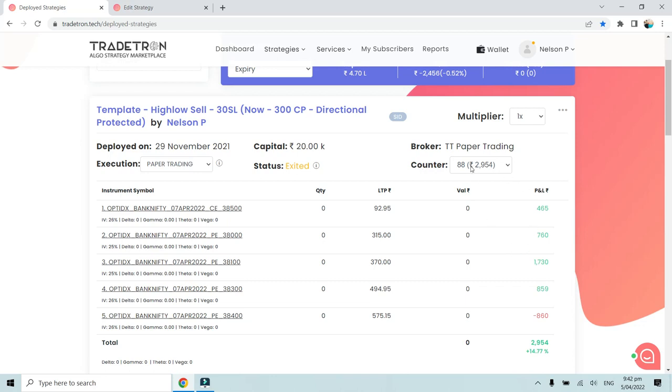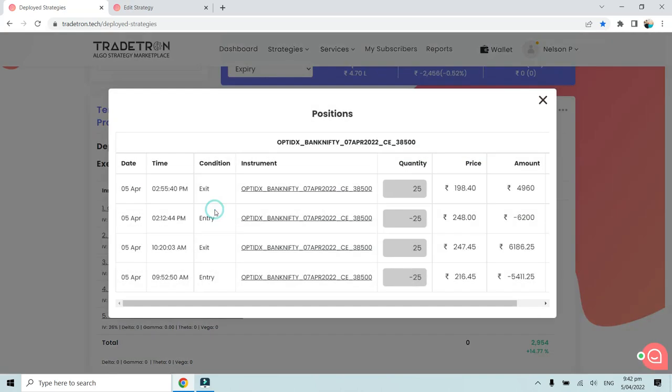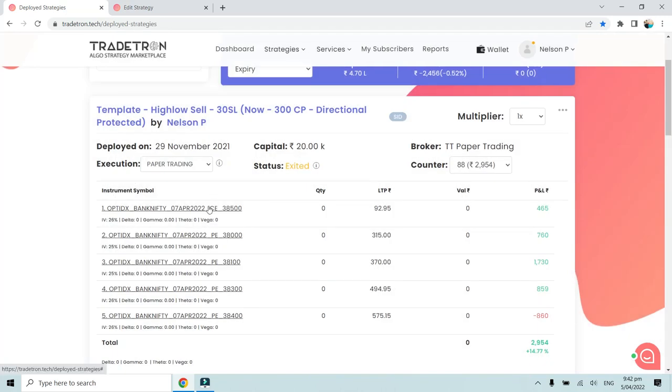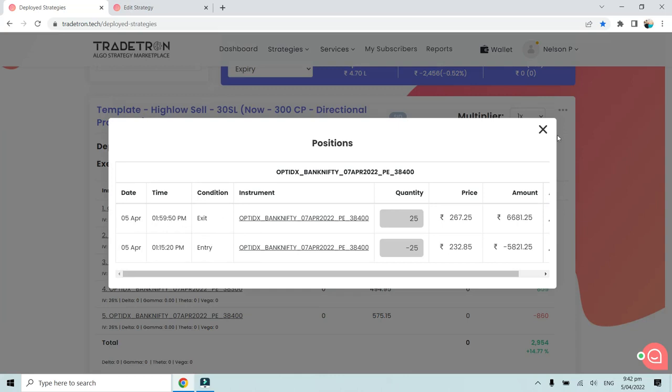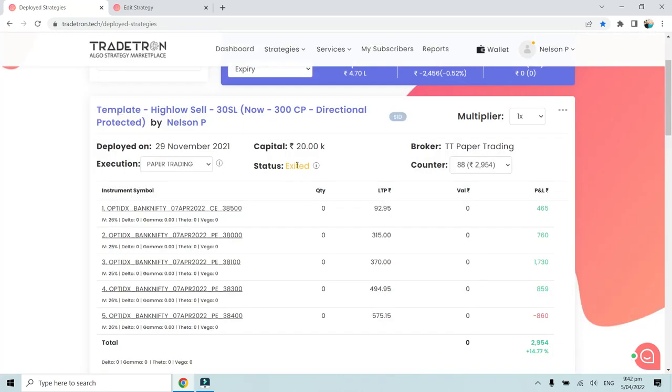As you can see, for this 88th counter, the strategy accumulated a profit of 2,954. It took different trades during the day. The first entry was at 9:52 a.m., since that is when the condition was true. After that, it took entries during the day, maybe till 2 o'clock or after that, and it exited the strategy at 2:59.